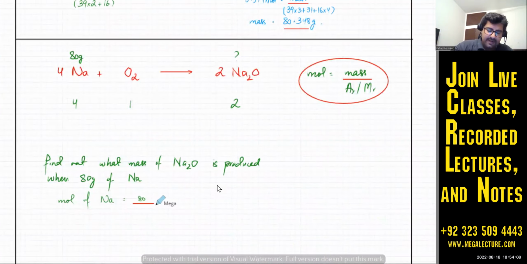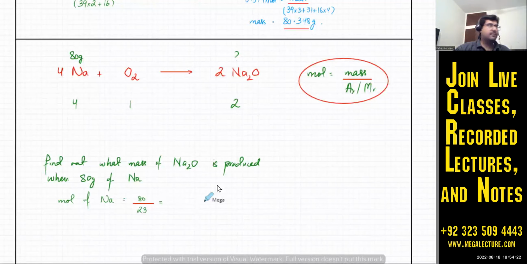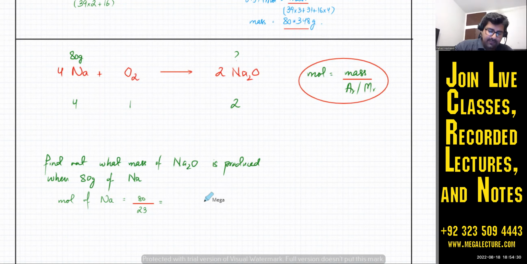So you're going to divide that by 23. तो किसी ने find out किया how many moles do we get for this? क्या बना? 3.47. अच्छा, so you're getting 3.47 moles, right?